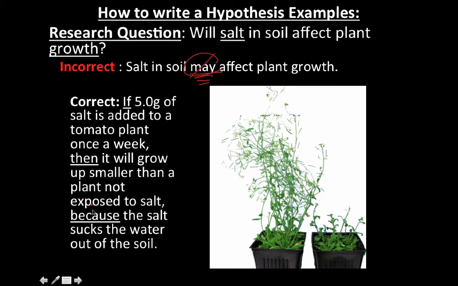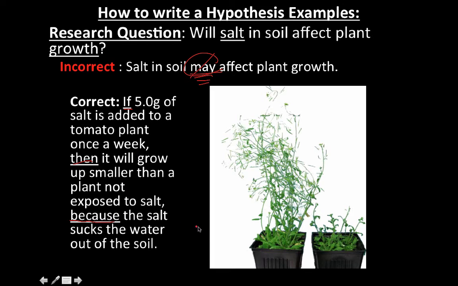Here's your if, then, because, all underlined. All right. If 5 grams of salt is added to a tomato plant once a week, that's very specific. That's testable. Then we make our prediction. It will grow up smaller than a plant not exposed to salt. Okay, so there's going to be stunted growth here.